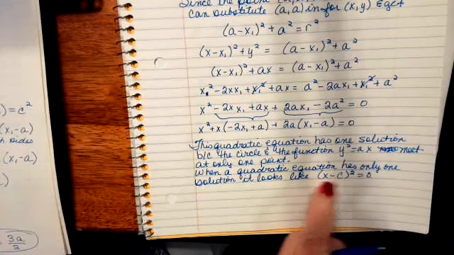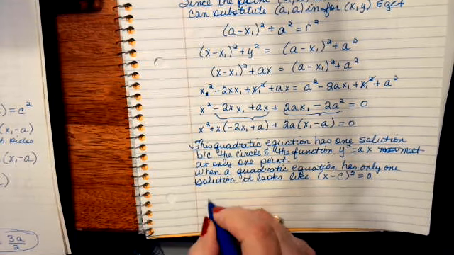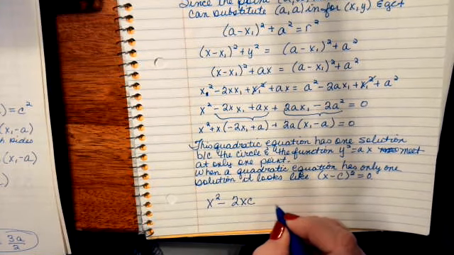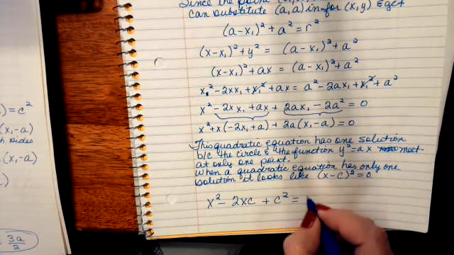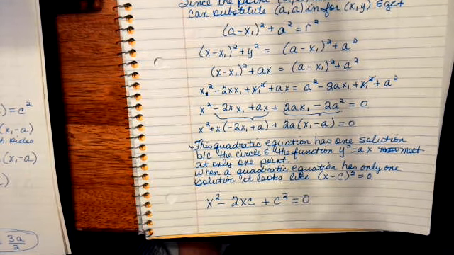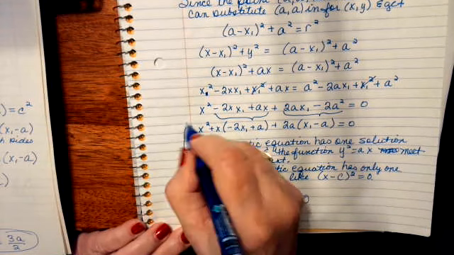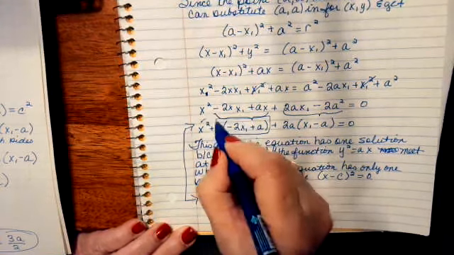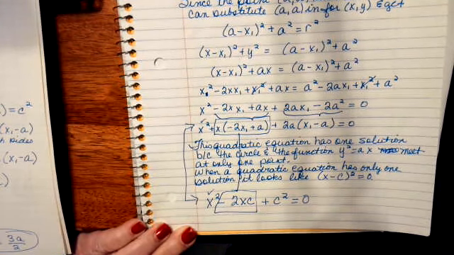All right, so let's take a look at this. If I expand this, I get x^2 - 2xc + c^2 = 0. Compare these two equations. They both have x^2. These two terms correspond with each other.